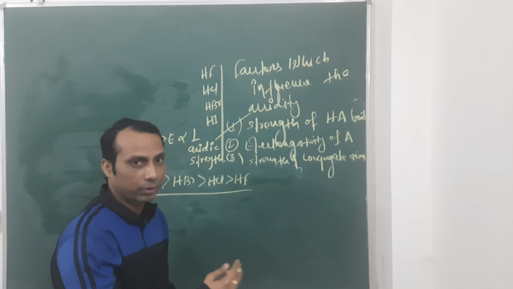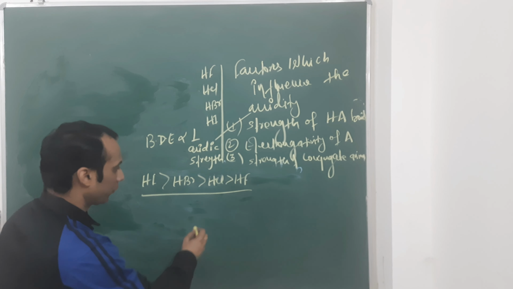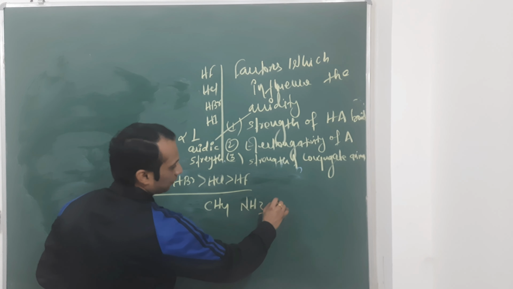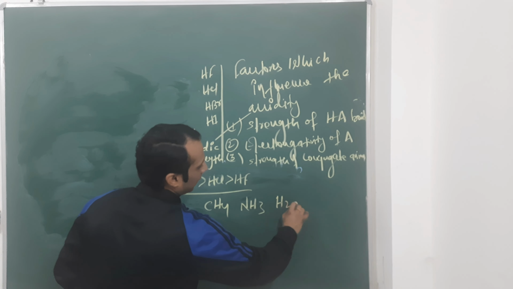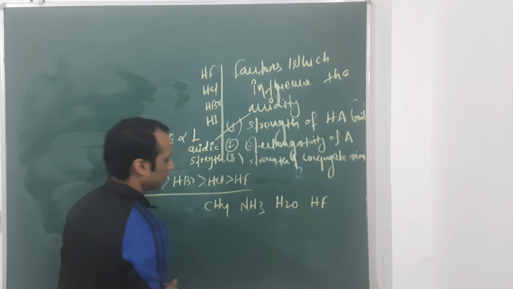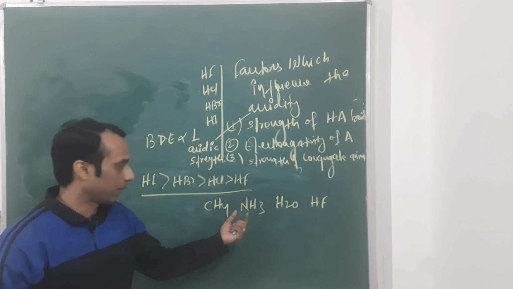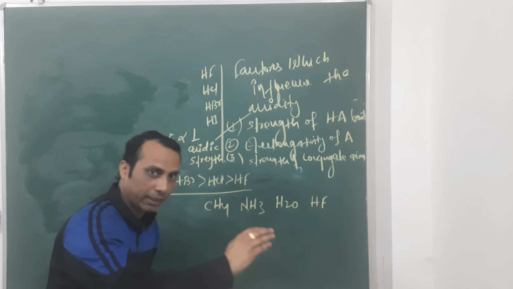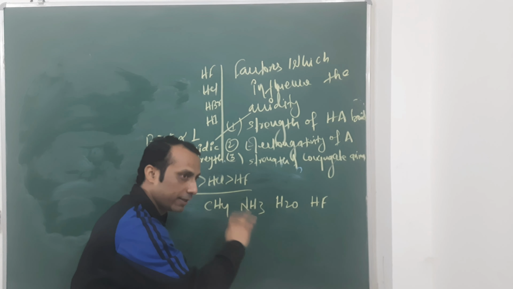When we move left to right in the periodic table, we can observe CH4, NH3, H2O, and HF. One is CH4, second is ammonia, third is water, and fourth is HF. When we move left to right, electronegativity increases.